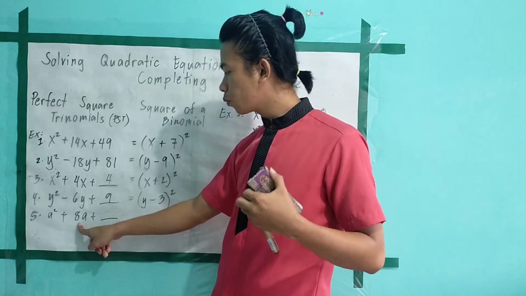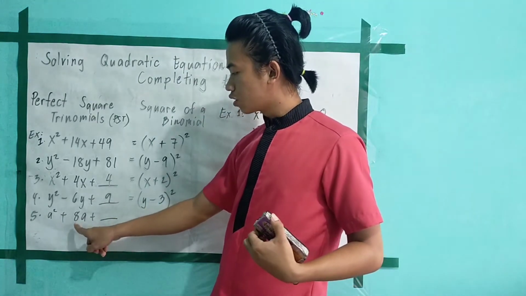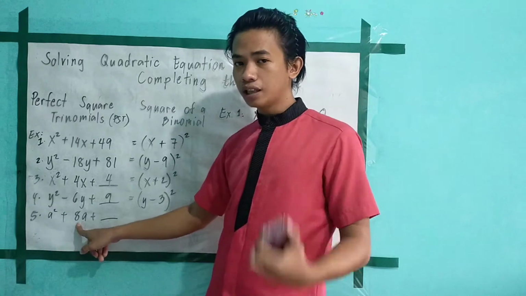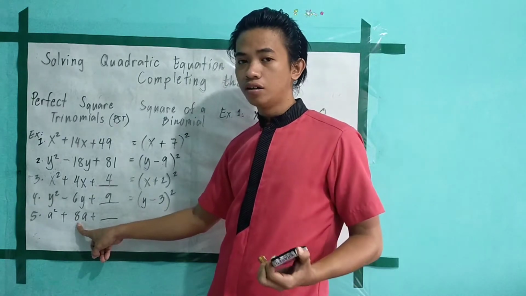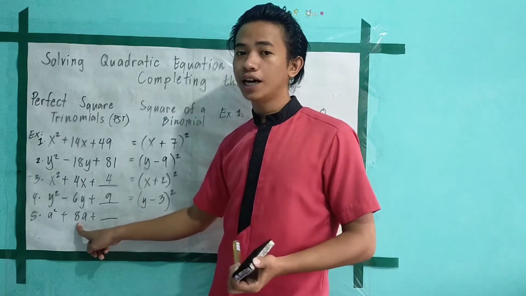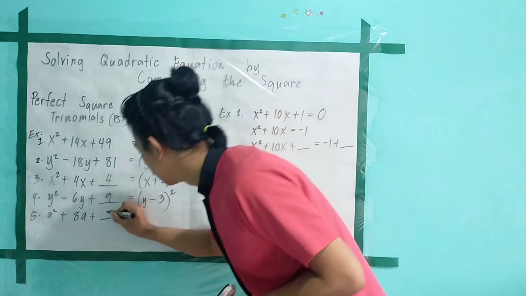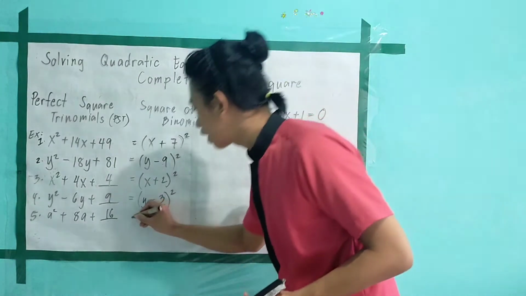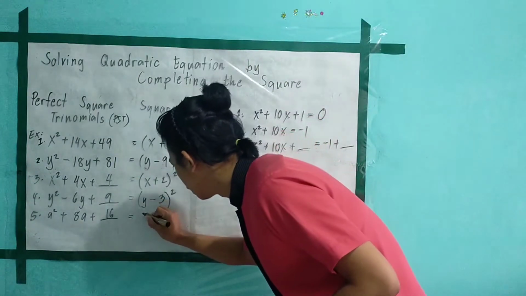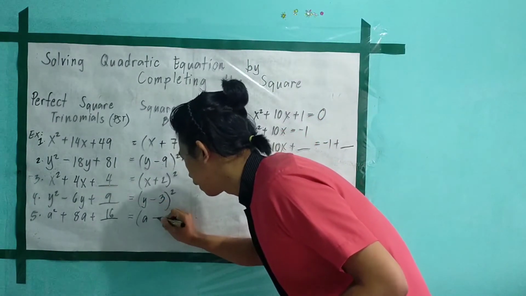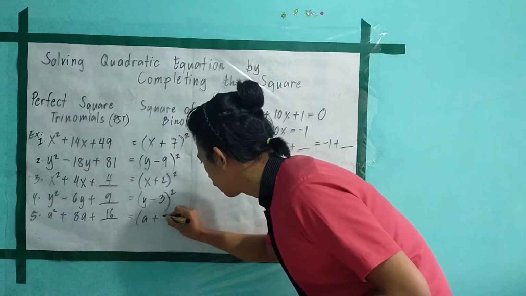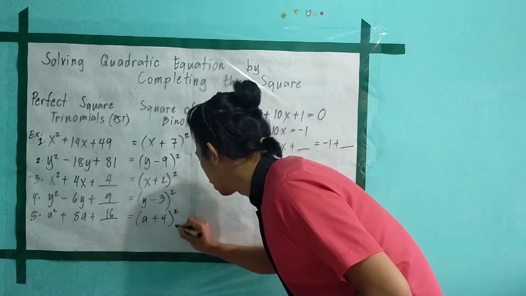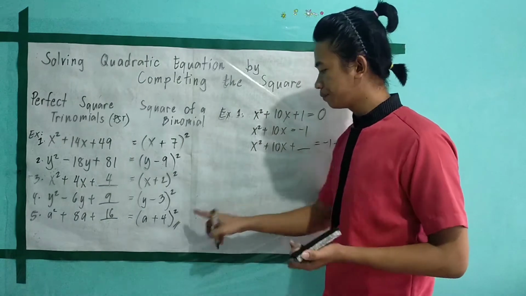Then, square of 1/2 of our b. So, we have 8 divided by 2, we have 4. 4 squared, we have 16. So, ayan. Perfect square trinomial na siya. Factor out natin, we have a plus square root of 16, we have 4. Then, square. So, yun na yung magiging factor natin.